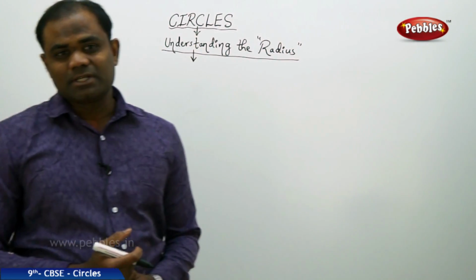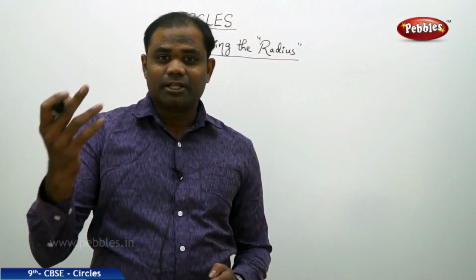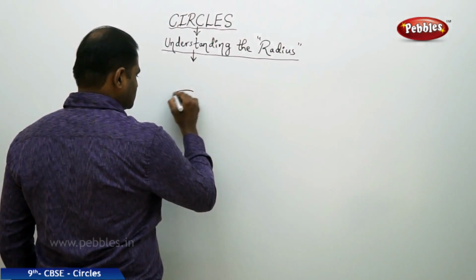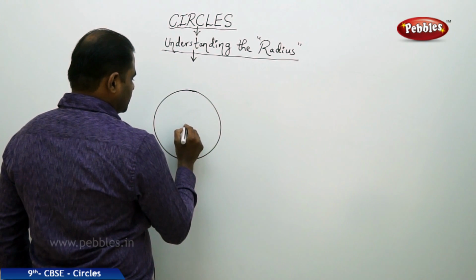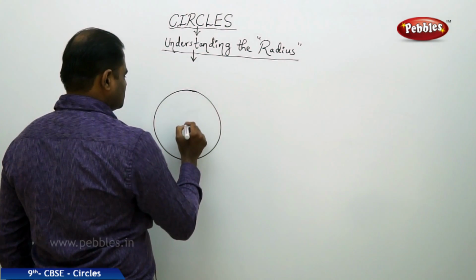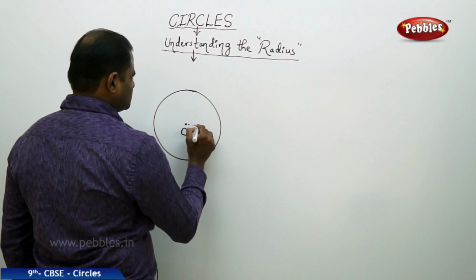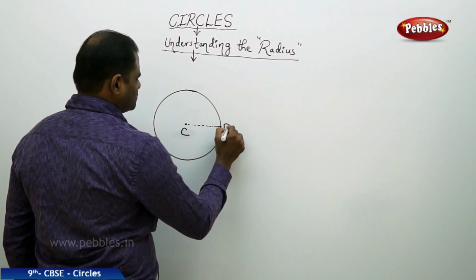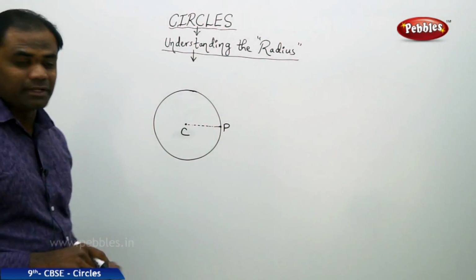So radius, as we see, is the fixed distance from the center to any point on the circle. That is, when I take a circle, and when I take the center, this distance is called radius.